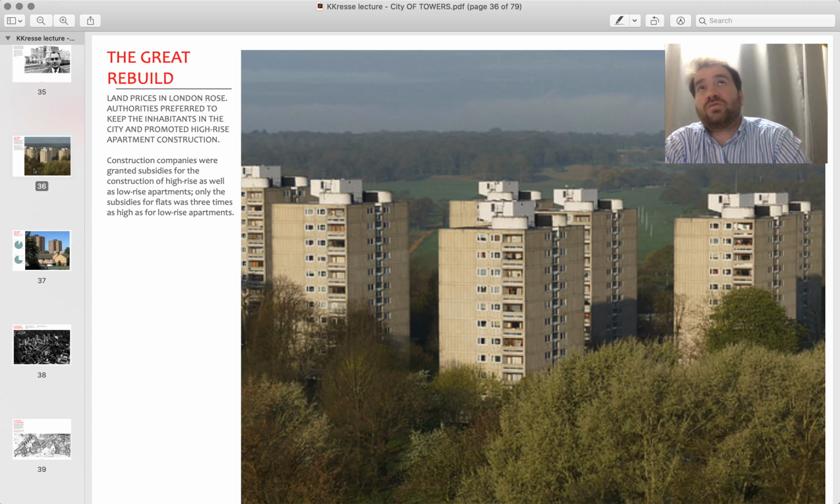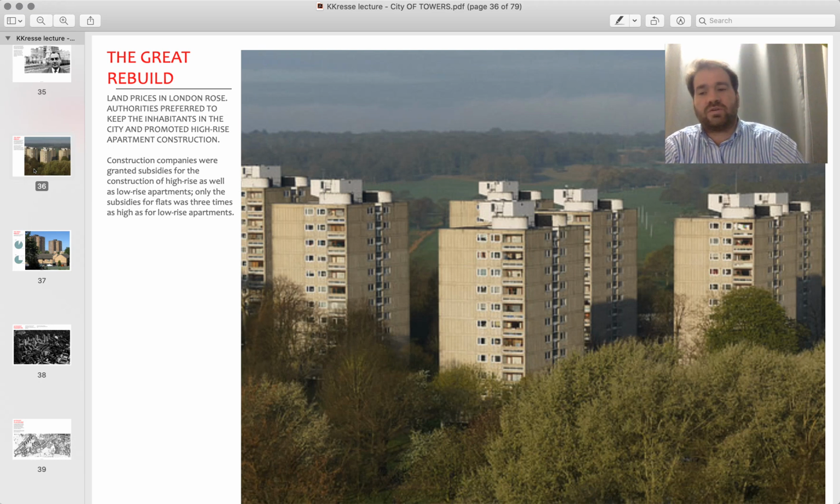or in order to make the flats more attractive, the government gave subsidies for the construction of high rises, and this resulted, obviously, in a lot of high rises being built. To be fair, there were also subsidies for low-rise apartments, but the high-rise apartment subsidies were much higher.